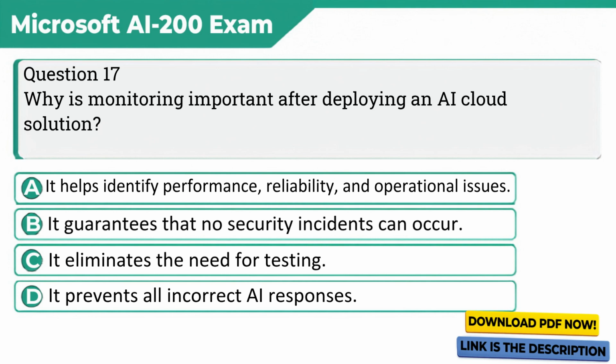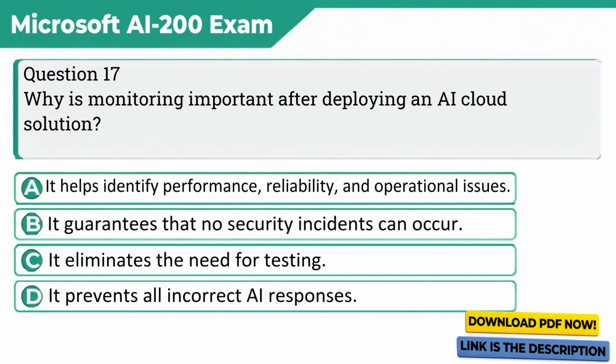Question 17. Why is monitoring important after deploying an AI cloud solution? A. It helps identify performance, reliability, and operational issues. B. It guarantees that no security incidents can occur. C. It eliminates the need for testing.